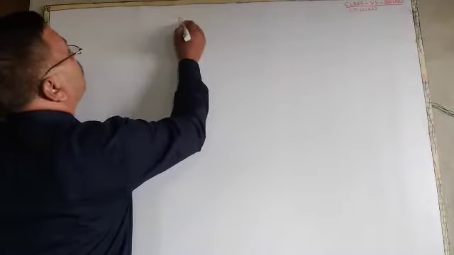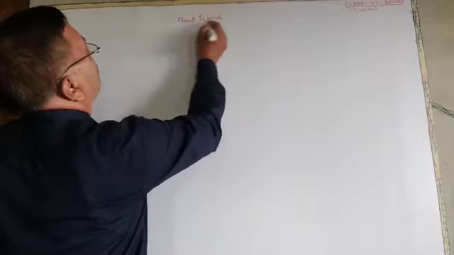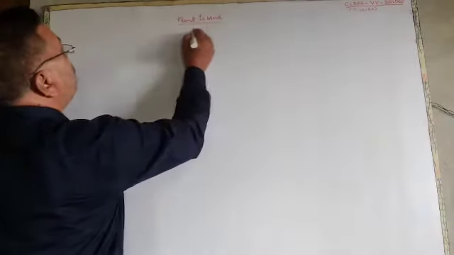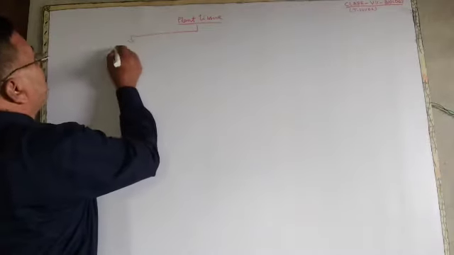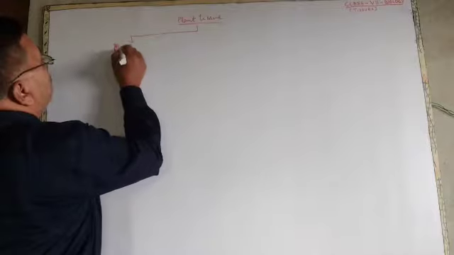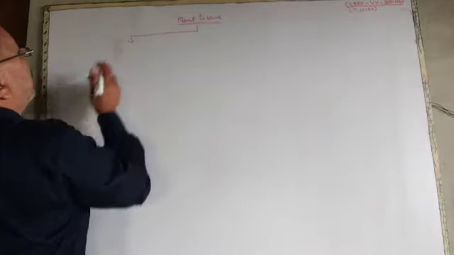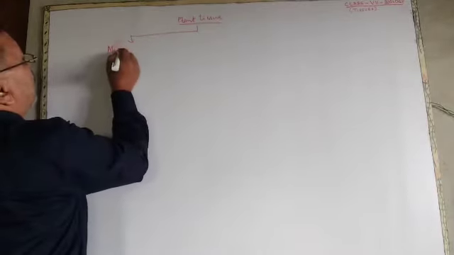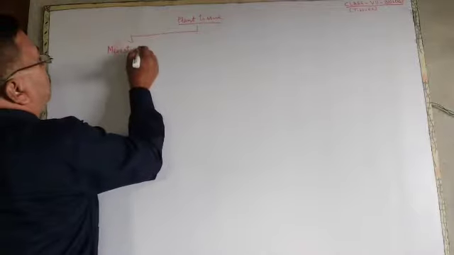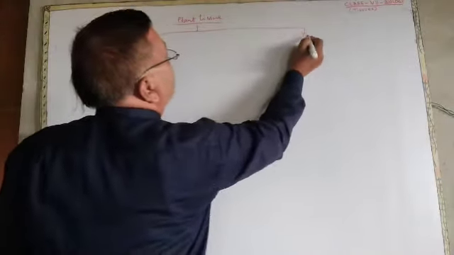So this plant tissue is classified as meristematic, and the second kind is permanent.